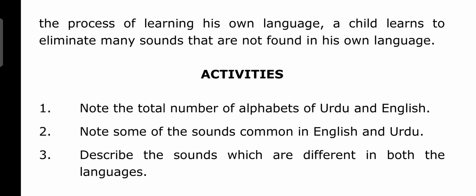Point three: describe the sounds which are different in both languages. That's very simple. For example, when you say page, in Urdu the word is safa, and that is quite different.